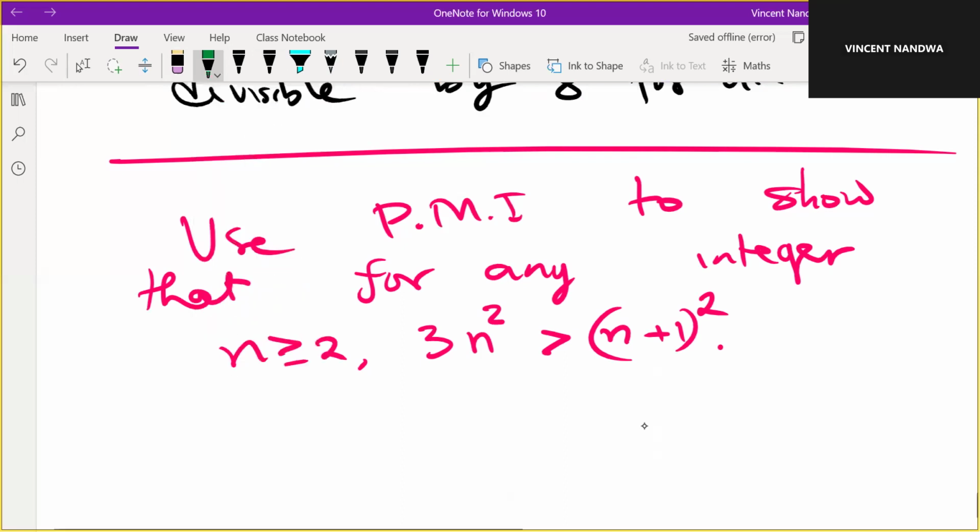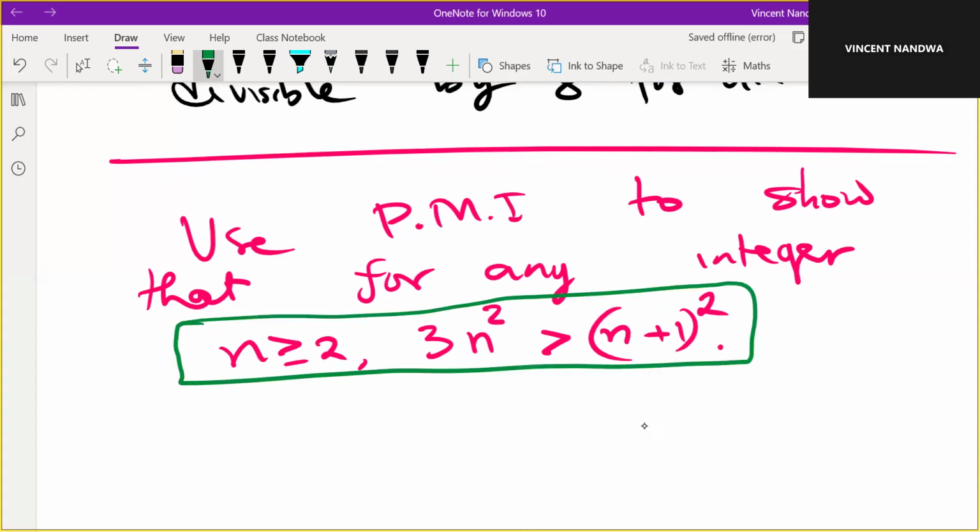So what I want you to write, just write this one, because we'll be making reference to this. So this is the main thing, that you want to show that this 3n squared is always greater than n plus 1 squared for any given integer greater than or equals to 2. Okay.